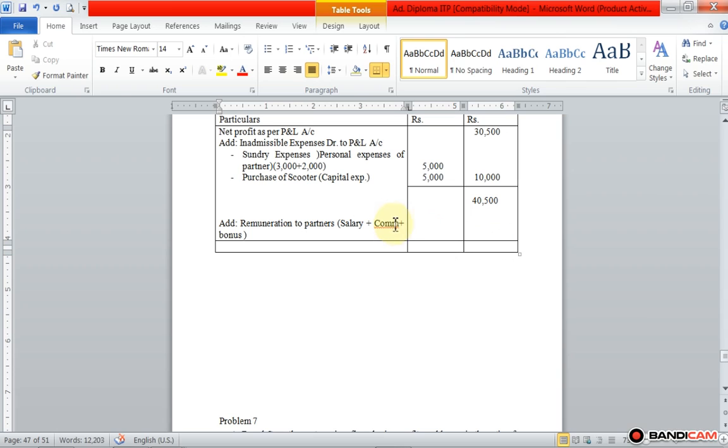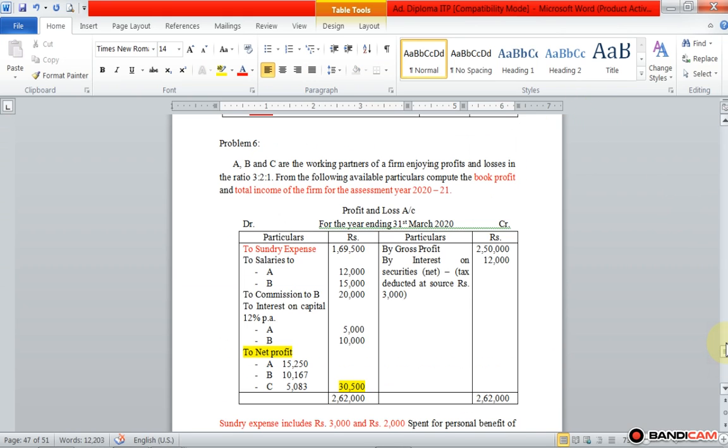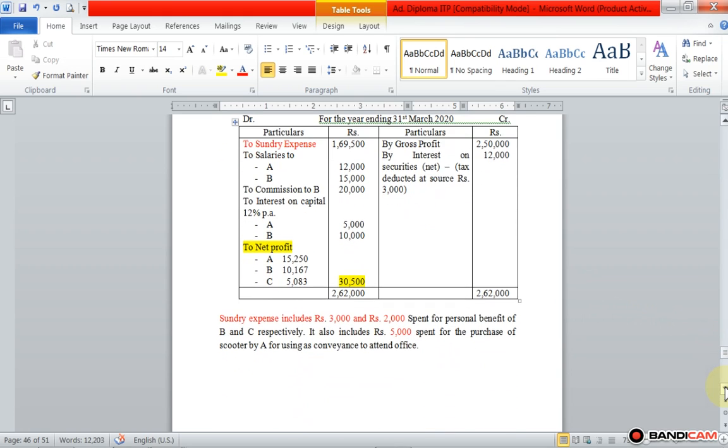In the problem, find out the salary paid to A and B: salary to A is 12,000 and to B is 15,000.